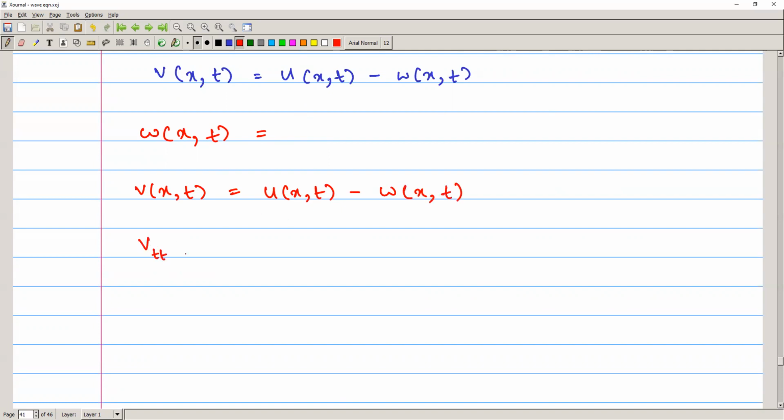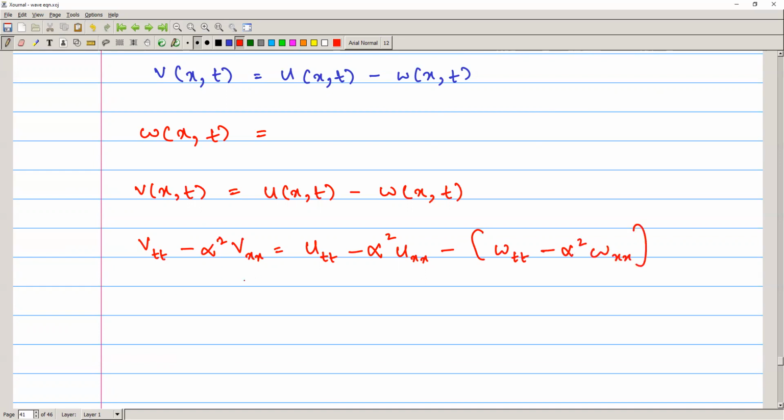From here we can see that v_tt minus alpha squared v_xx is equal to u_tt minus alpha squared u_xx minus w_tt minus alpha squared w_xx.